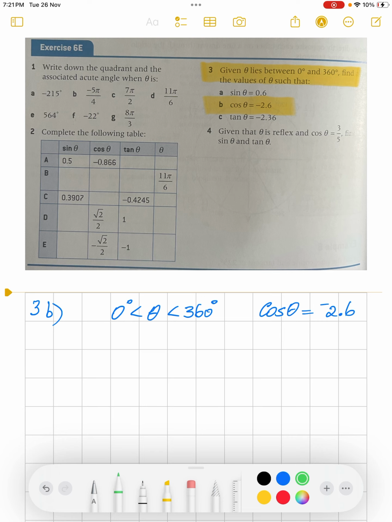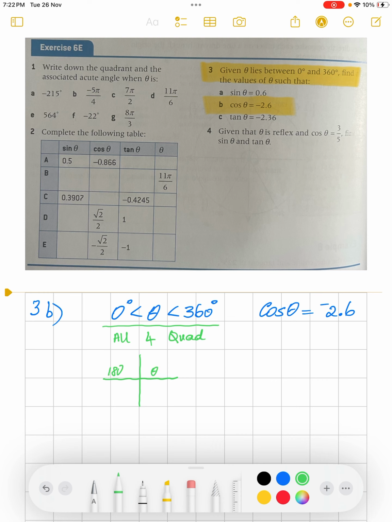Well, what this is telling us is that we're dealing with all four quadrants. It could be in quadrant 1, quadrant 2, quadrant 3, or quadrant 4. Quadrant 1 is from 0 to 90 degrees.